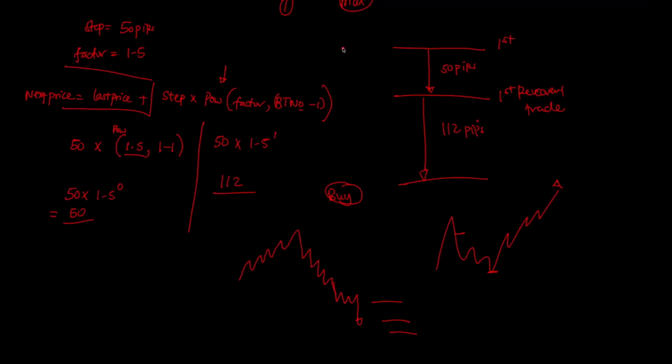You'd find if you have a lower factor, let's say 1, you will need more recovery trades, and you could also need a larger balance to cover the equity.